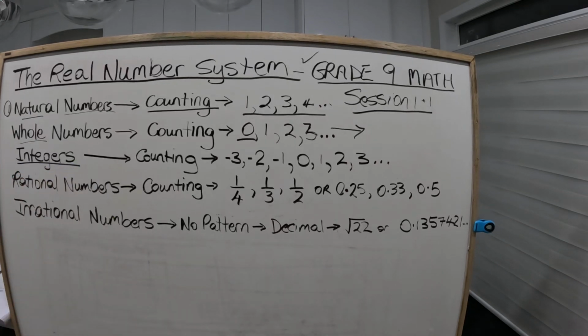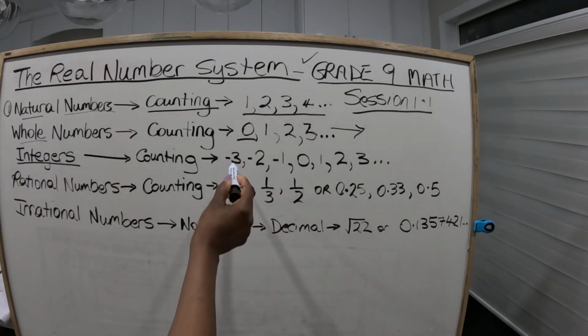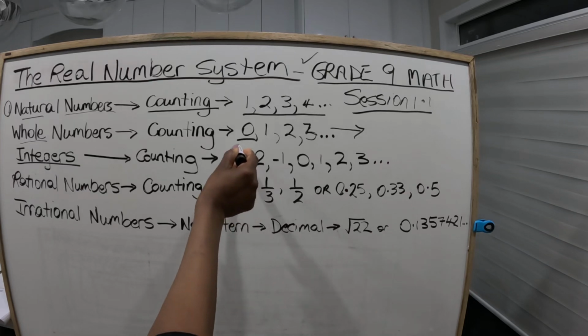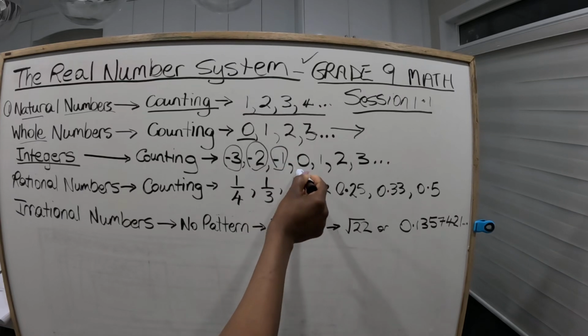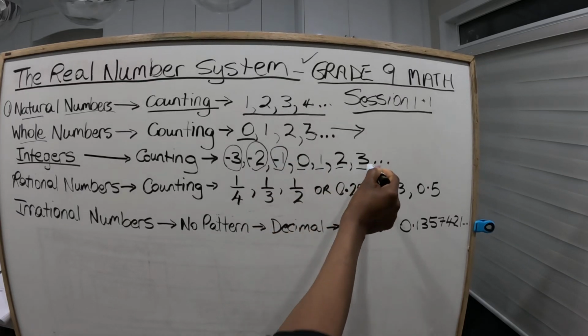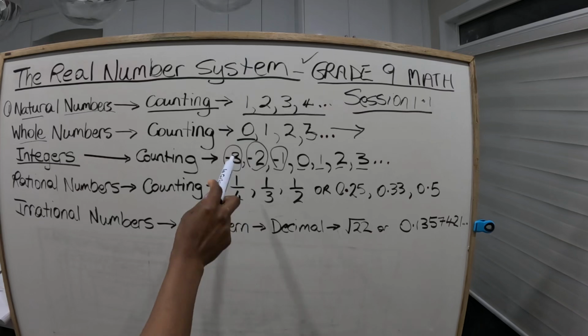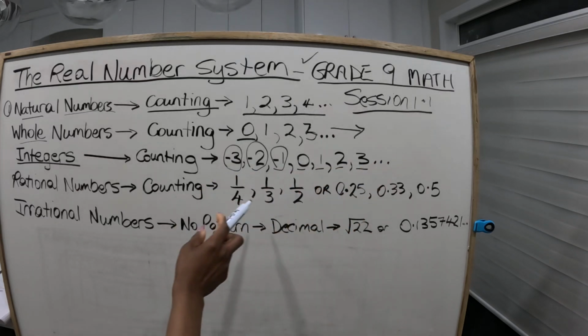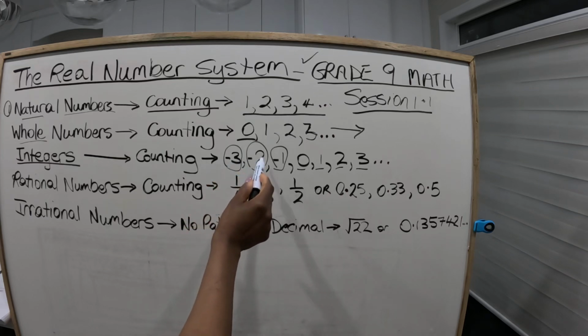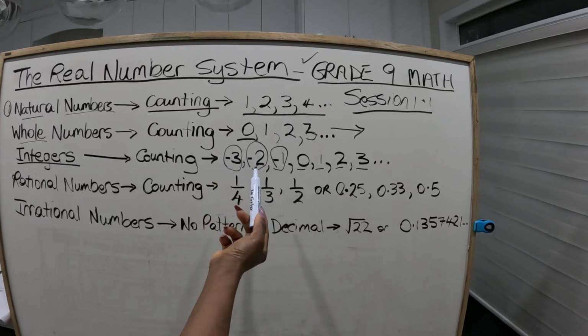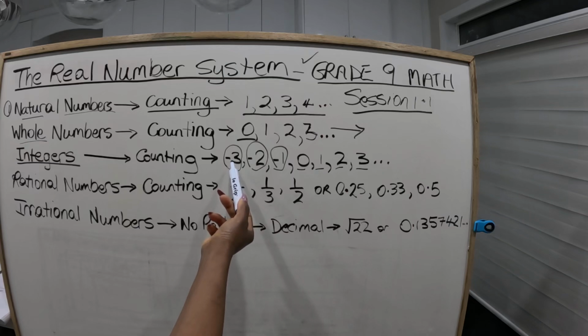Integers are numbers that include negatives. So we have -3, -2, -1, 0, 1, 2, 3. So as you can see, as you go to the right, your negative numbers decrease in the absolute value. So when you say absolute value, the absolute value of -3 is 3, but it's negative.